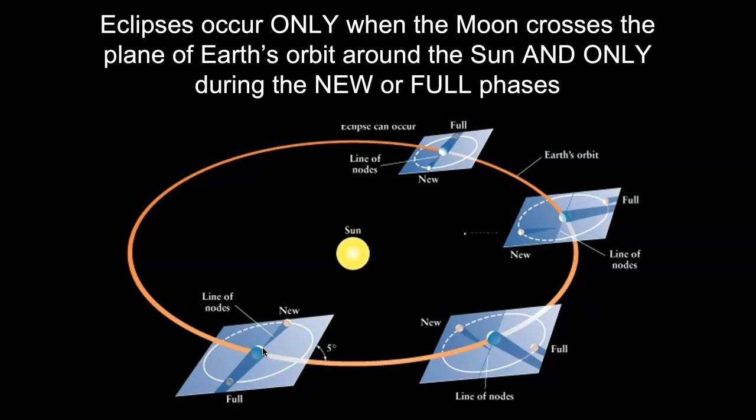The moon's shadow only hits a specific location on the Earth. The moon's shadow hits somewhere on the Earth about every 6 months, but it may not be where you are.